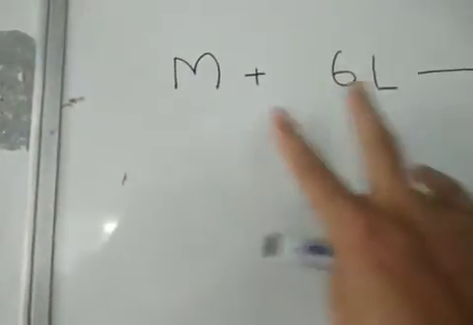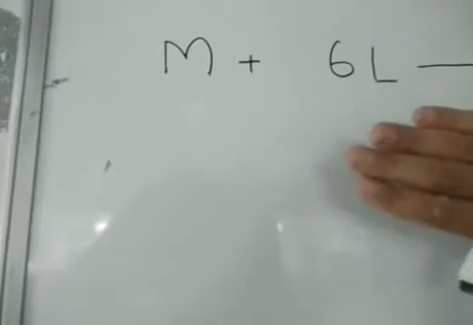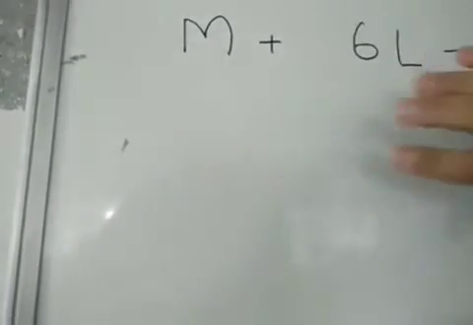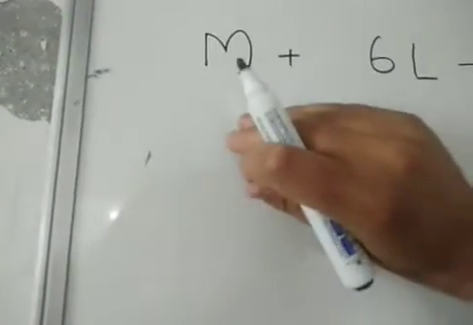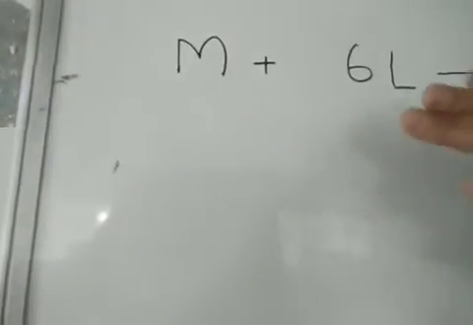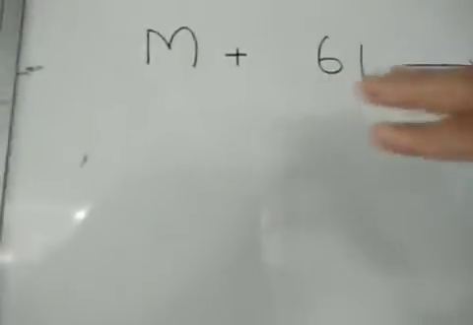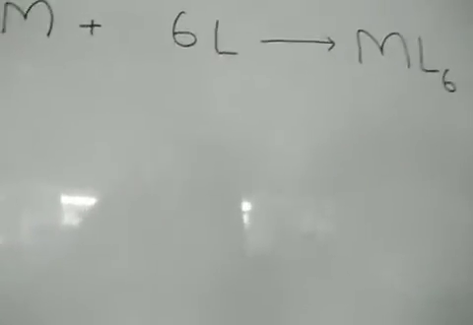Now, as per crystal field theory, during the formation of the complex, the ligands approach the metal ion from the 6 axes of a regular octahedron.